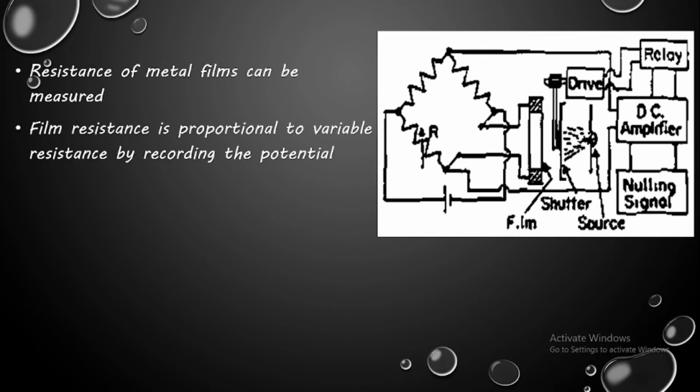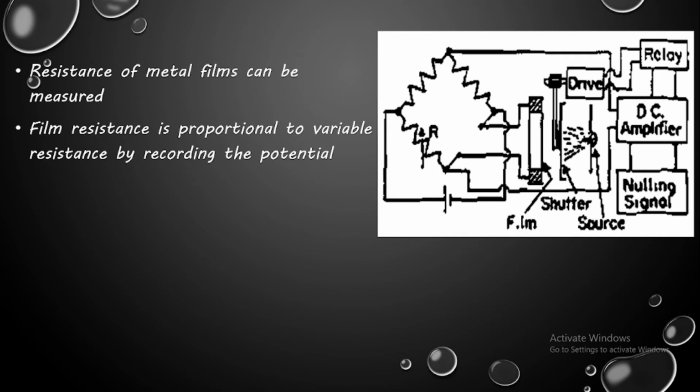So for a given ratio of the arms of the bridge, the film resistance is proportional to the variable resistance, which can be measured by recording the potential across it, and the potential is calculated from the circuit itself. The R you can see in the diagram is the variable resistance.